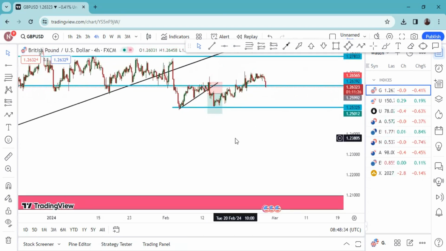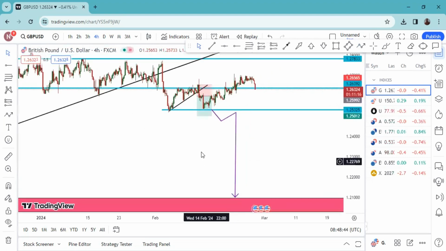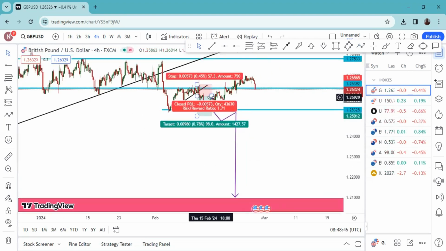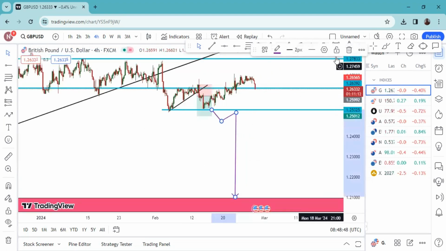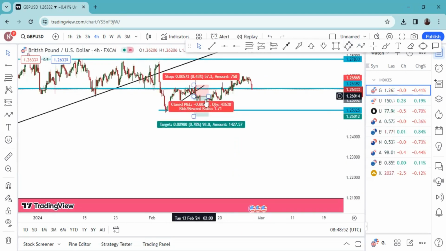With the remaining 50%, I was hoping that the market might break this zone, retest, then come to this major zone. But unfortunately, the remaining 50% of my trade was taken out at break even. But I already had 50% of my trade.